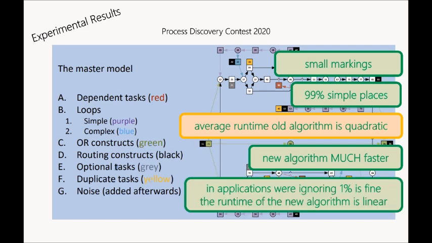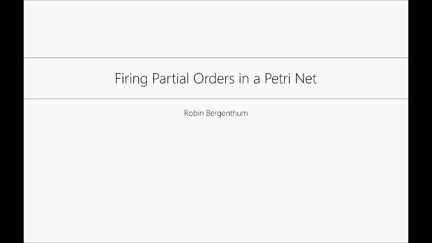And if you have an application, let's say process discovery or stuff like that, where ignoring 1% of the places is actually fine, then the runtime of the new algorithm is actually linear, because firing forward then backward just decides 99% of all the places. And that concludes my talk. Thanks a lot.